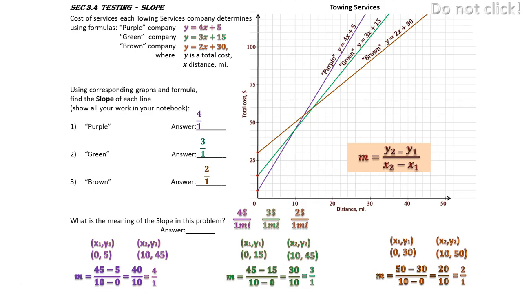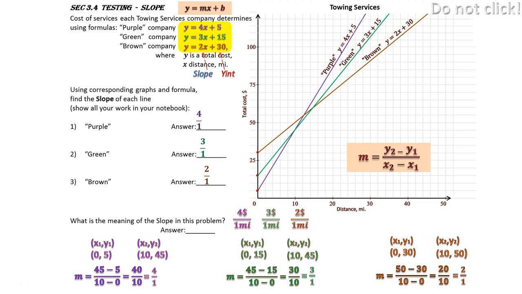Now let's look one more time into the towing problem for slope. Now you can see that the cost of service of each towing company is represented by an equation in slope-intercept form. y equals 4x plus 5, y equals 3x plus 15, y equals 2x plus 30.